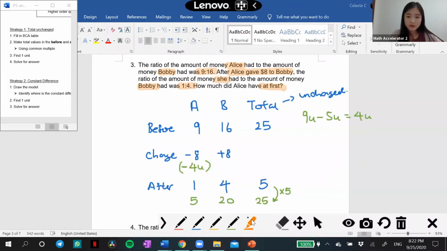So what does this tell us? 4 units is $8. So what is 1 unit? Okay, divide by 4. Yes, $2.